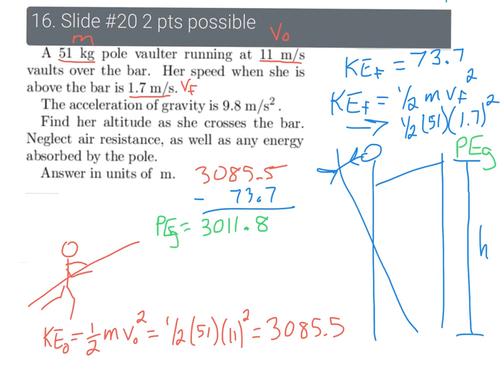And if I want to find the height, all I have to do is take that gravitational potential energy, like what we did yesterday in the lab, and divide that by mg. So I'm going to do my number divided by, make sure you put the parentheses on the bottom or everything will mess up, 51 times 9.8.